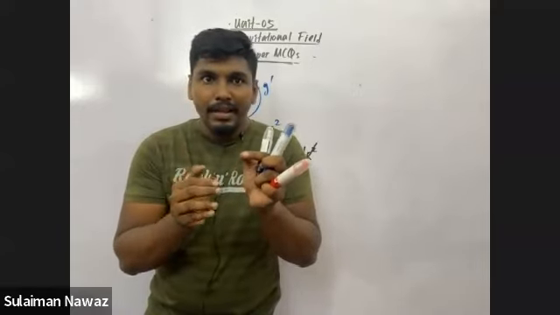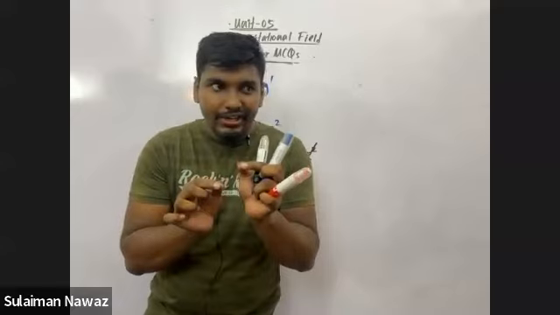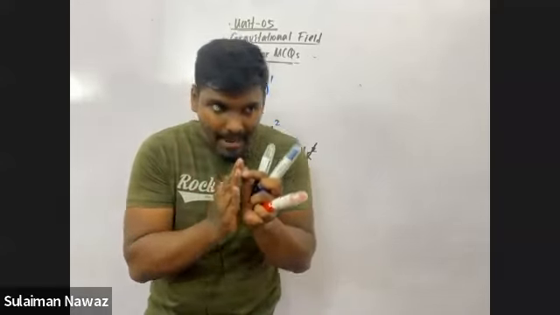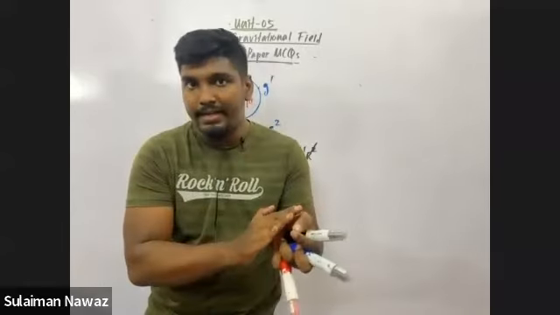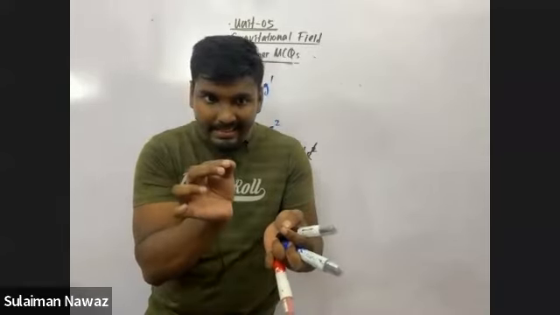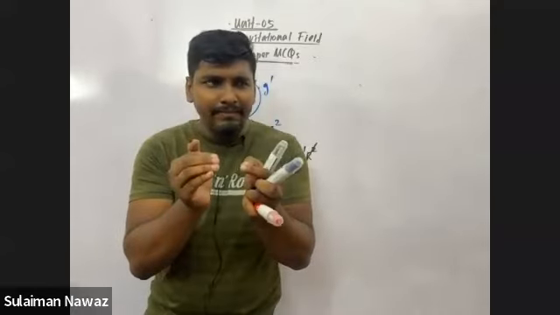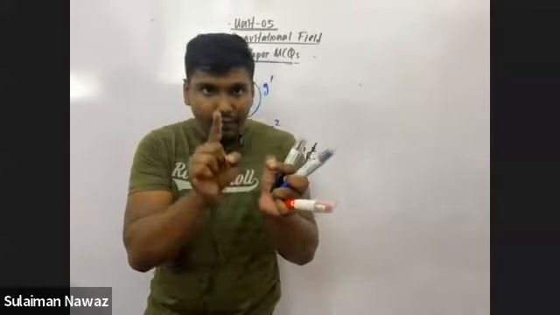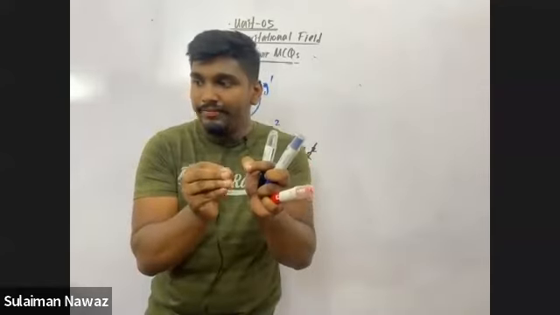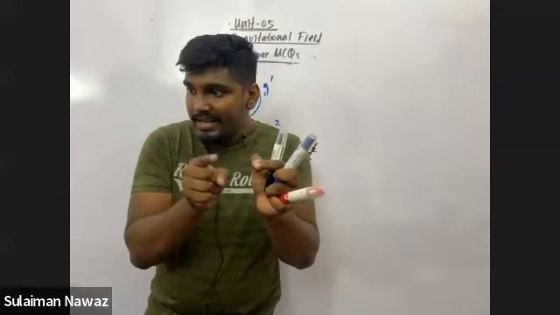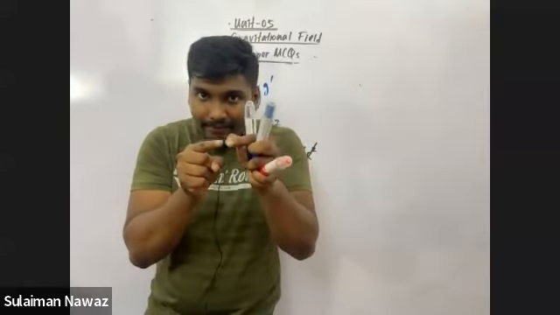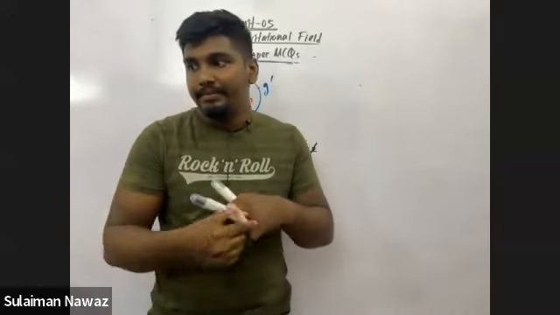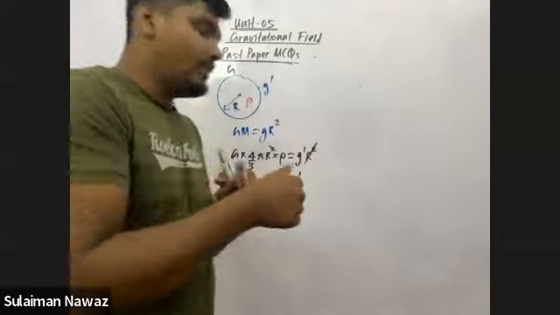We know the gravitational acceleration on the surface of the Earth is 10 m s minus 2. Then what is the mass of that object? 60 kilograms, right? If you can find the gravitational acceleration at a point capital R distance far from the surface of the Earth, problem solved. Very easy, right?